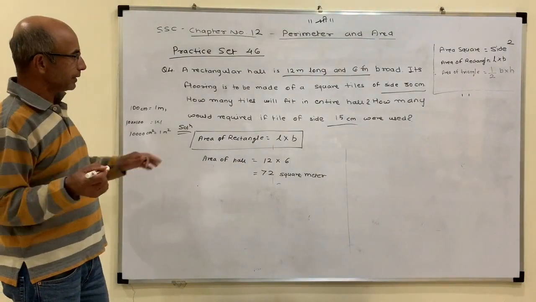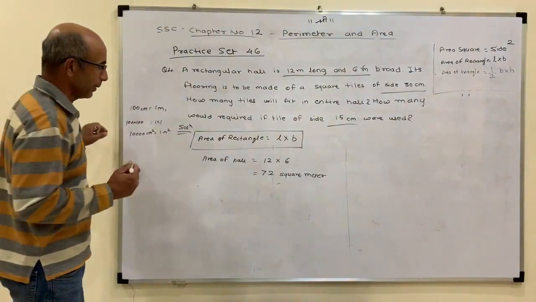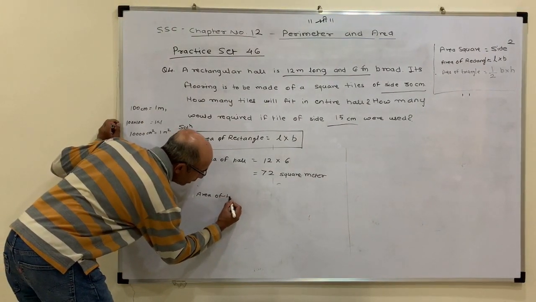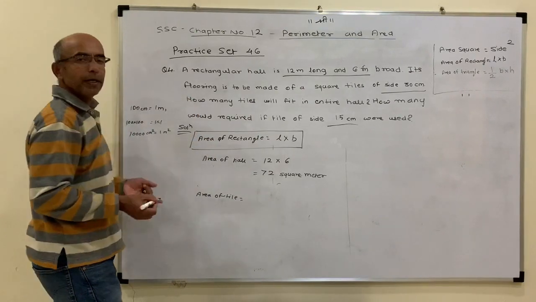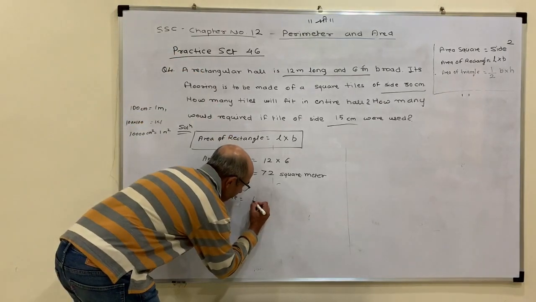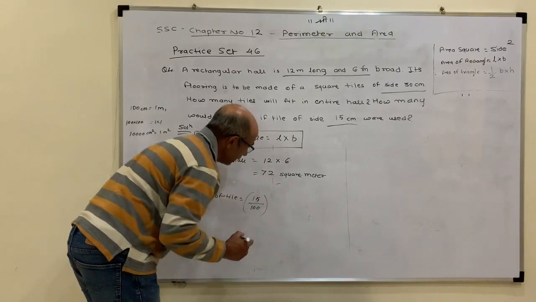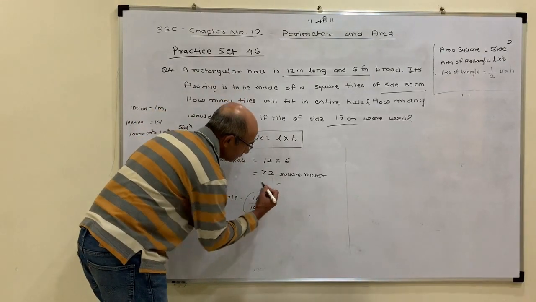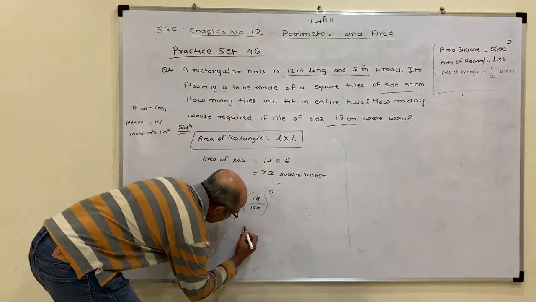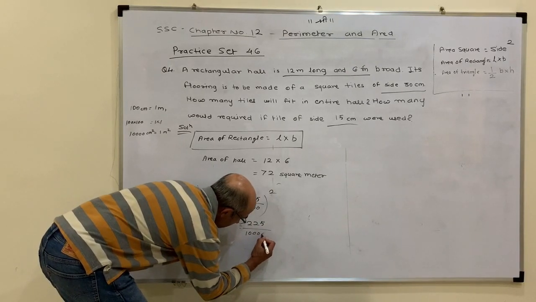Now let's look at the second part. If the size of the tile is 15 centimeter, so the area of the tile. I'll convert it to meters because my hall is in square meters. So 15 centimeter divided by 100 is converted to meters. Since it's a square, we take the side squared. The square of 15 is 225 and the square of 100 is 10,000.